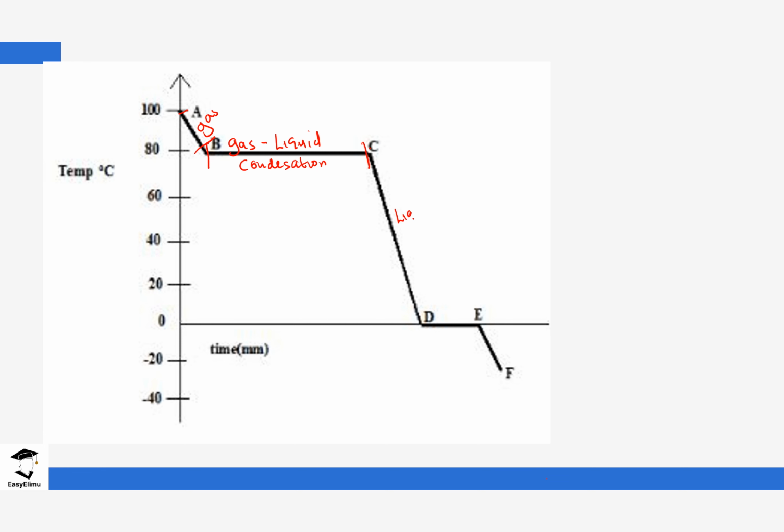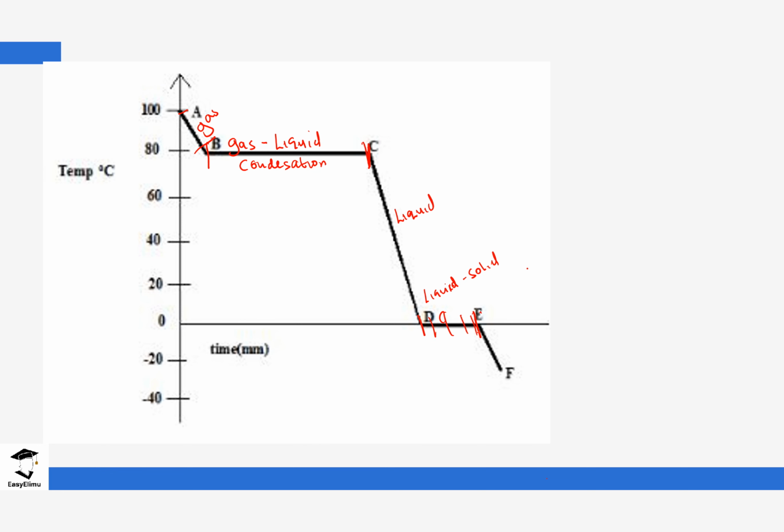And then in region CD, the state is liquid. It has already turned into liquid, as you can see from the previous region. And then there's no process happening in CD. But when we get to DE, the temperature is constant. So some of the liquid particles are changing into solid slowly. So the state will be liquid and solid because it's changing slowly with time.